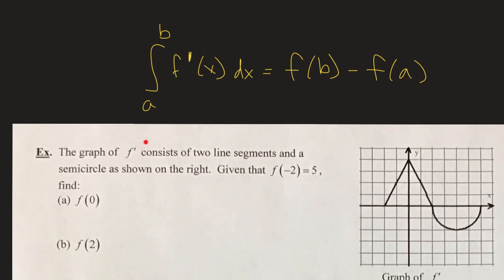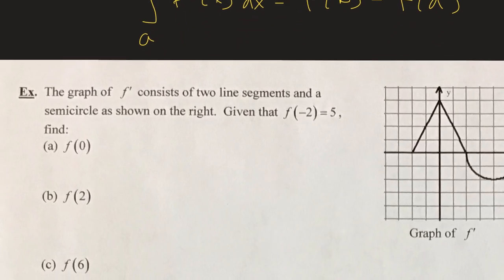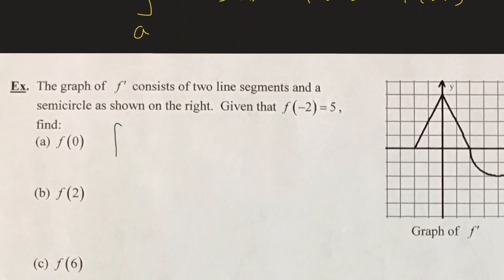So notice, this is the f prime graph. We know that f of minus 2 is 5. So this is going to be our lower bound, because 0 is to the right of negative 2. Okay, so this is what we do for our calculus. We always write down the calculus. The integral from negative 2 to 0.